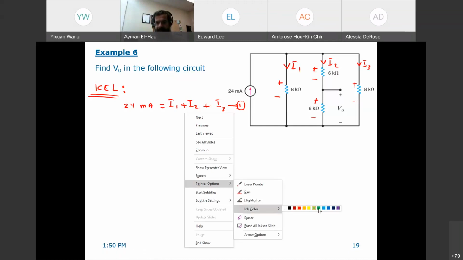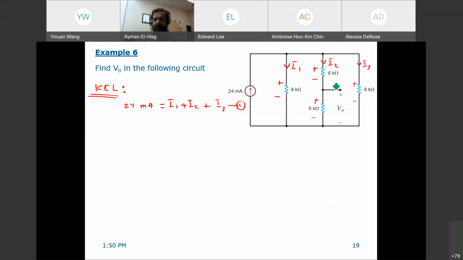I will apply KVL to this loop. I will call this loop I1, I2 because this loop has only I1 and I2. We will start from this point and move in this direction, clockwise.